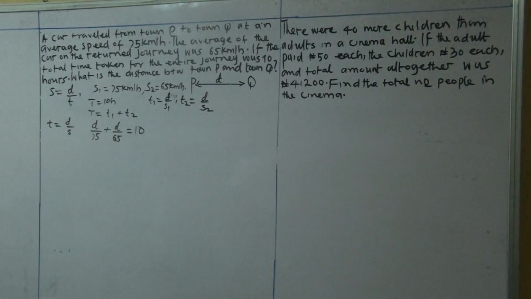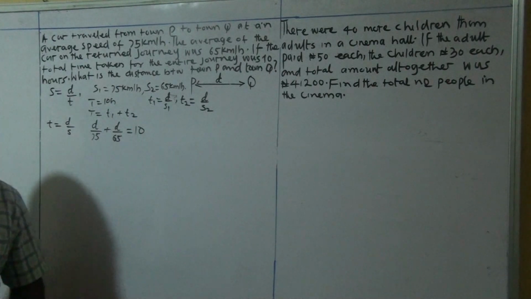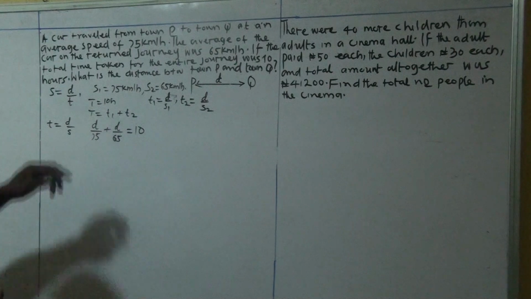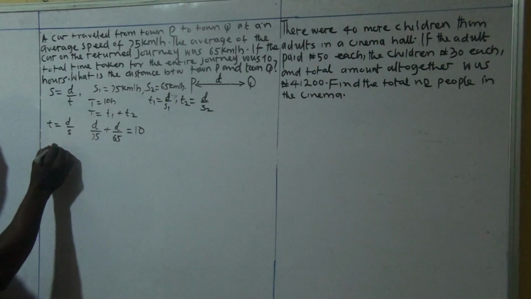The LCM of these two, 75 and 65, is 975. So we will multiply through by the LCM.